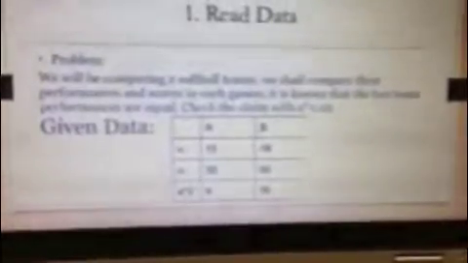Since we covered the basics of chapter 4, we shall put in examples, and hopefully you'll understand more in depth. So we put in work. First, read the data. The problem is we will be comparing two softball teams and comparing their performances and scores in each game. It is known that the two team performances are equal. Check the claim with alpha equaling 0.02.